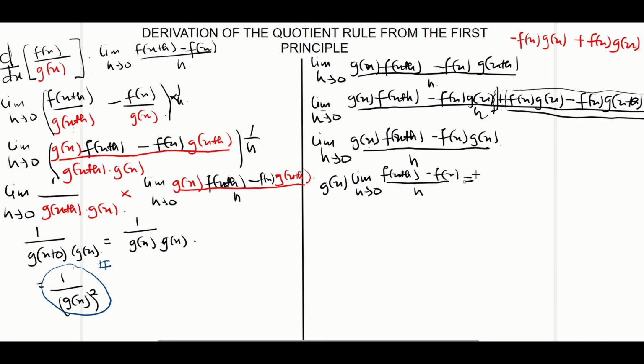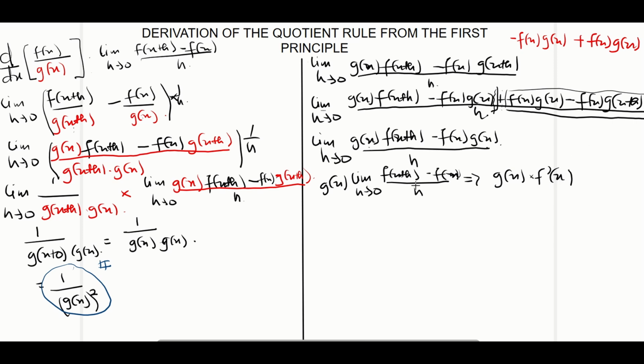But what is this equal to? The whole of this is just the first derivative, the derivative of the function f of x. So this is now giving me g of x multiplying f prime of x. So let's take the second part as well.